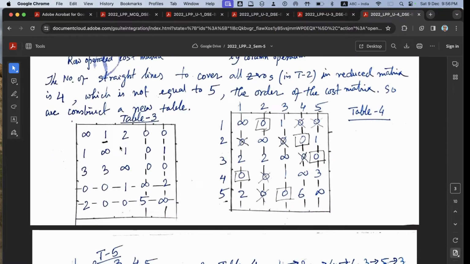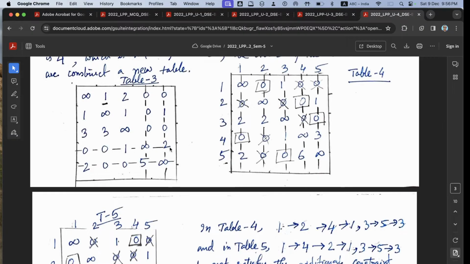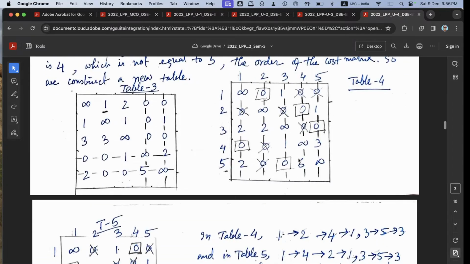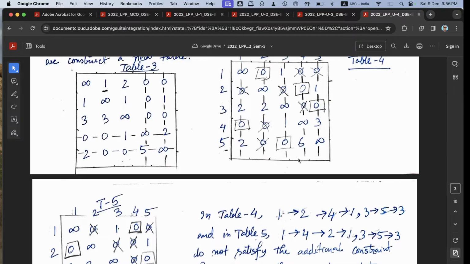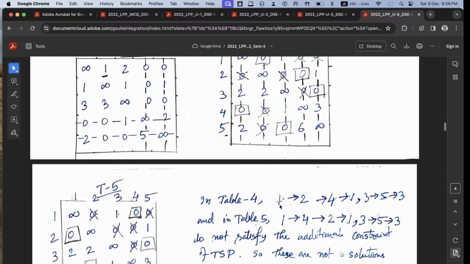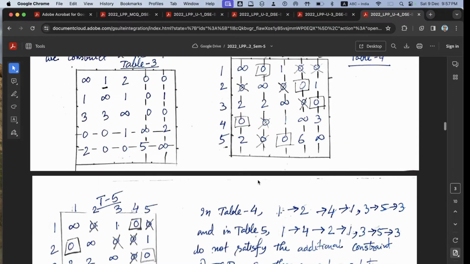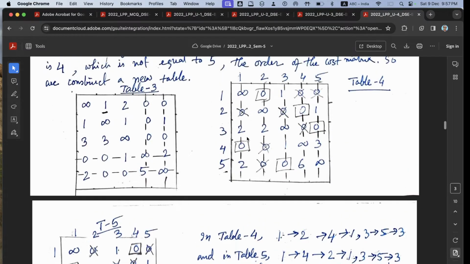So here we construct table 3, and here 4 lines cover all the zeros. So this is also not the solution, and we construct the new tables, table 4 and table 5. In table 4, we assign 1 to 2, 2 to 4, and 4 to 1.